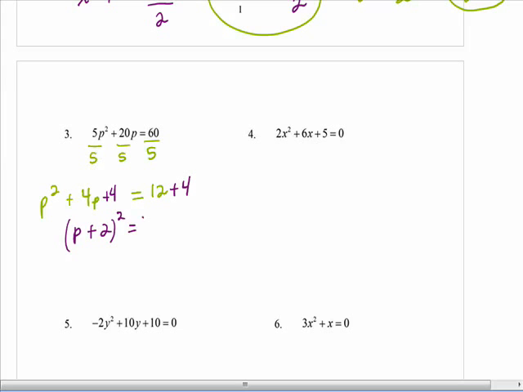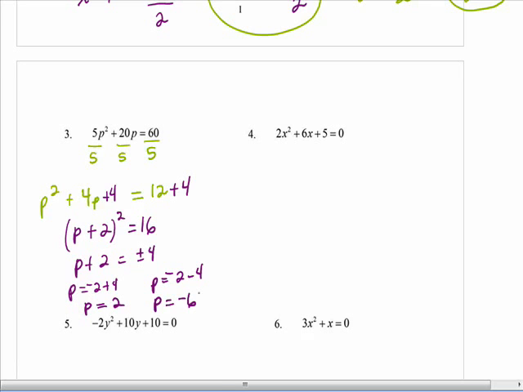What's 12 and 4? Perfect square. Oh my god. So p plus 2 is plus or minus 4. P equals negative 2 plus 4. P equals negative 2 minus 4. 2 and negative 6.